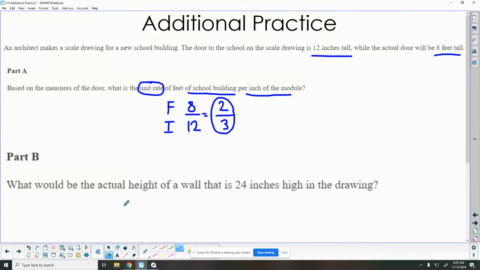So what would the actual height of the wall be? That's 24 inches in the drawing. So if I have 24 inches and I want 2/3 of that, so that will tell me this problem here, how high the actual door is. So when I do 24 times 2, that's 48.